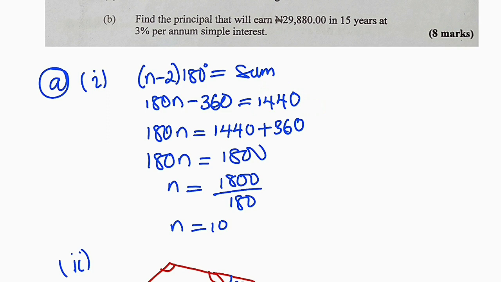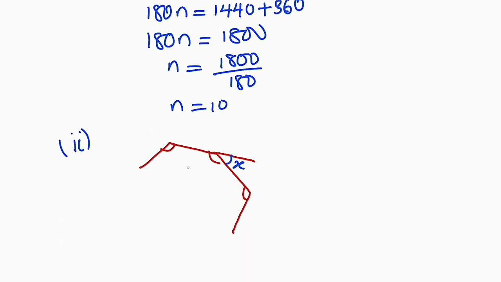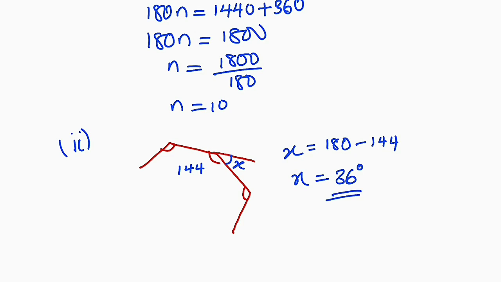If you divide it by 10, each angle will be what? 144, sorry. So this 144 plus x will be 180 definitely. So this x can be equal to 180 minus 144. And this is equal to what? 36 degrees each. So each exterior angle measured 36 degrees.